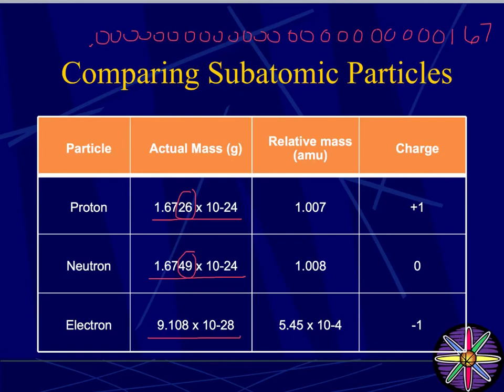So electrons actually are the smallest of these particles. Okay, so I need you to write that down. The electrons are the smallest. And protons and neutrons, real close, but if you look, relative mass, very small. This one's biggest. Protons are in between. So basically it goes electron smallest, then proton, then neutron.